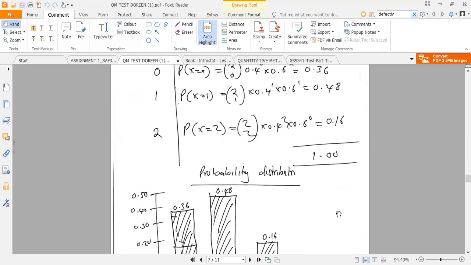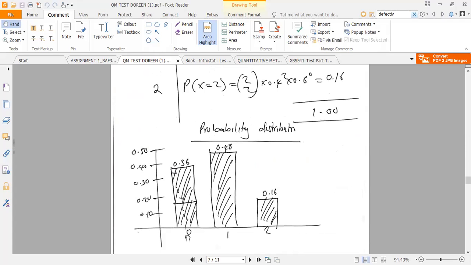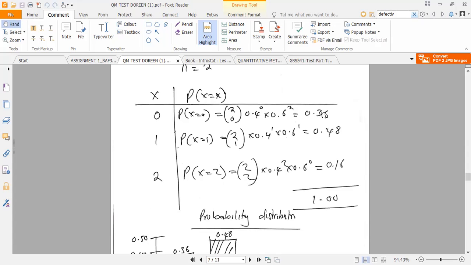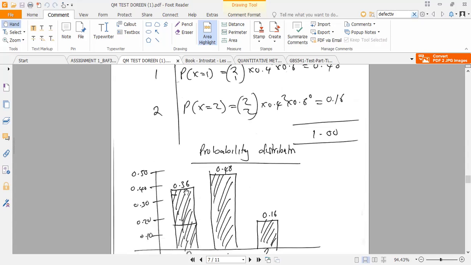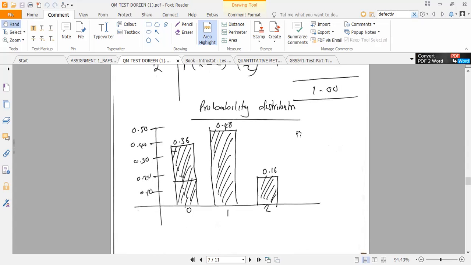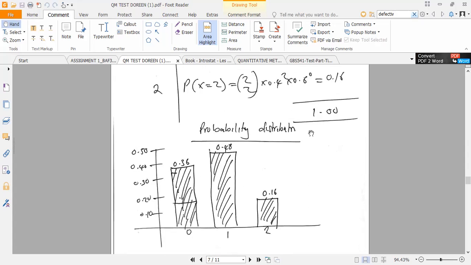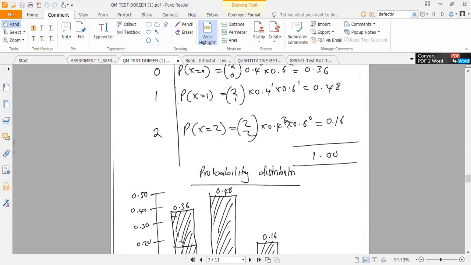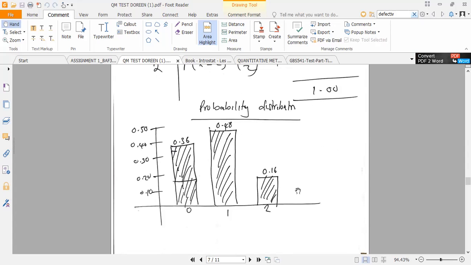So to come up with the distribution function, the probability that 0 managers are in favor was 0.36. So you can draw a line which reaches 0.36. Probability that 1 manager is in favor is 0.48. For 1, you put it at 0.48. The probability that 2 managers will be in favor was 0.16. Put a line there, 0.16.